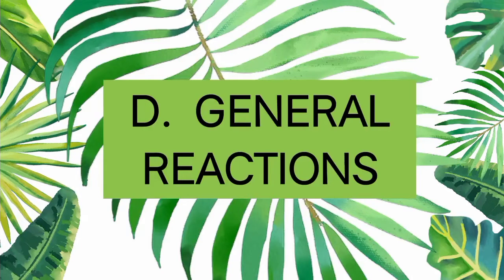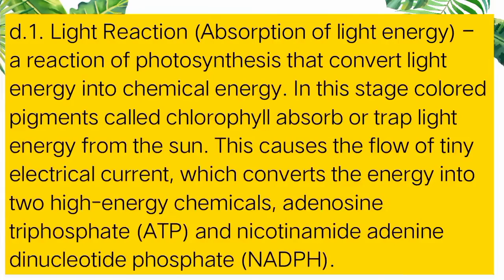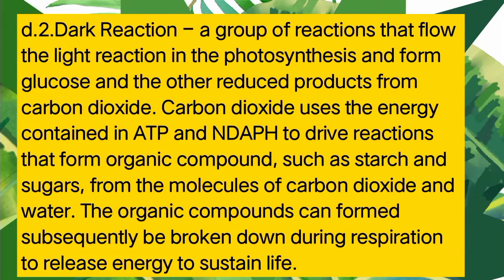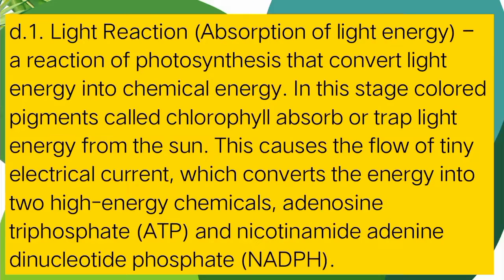Next is the general reactions. There are two reactions, which are the light reactions and the dark reaction. First is the light reaction, or the absorption of light energy, a reaction of photosynthesis that converts light energy into chemical energy.